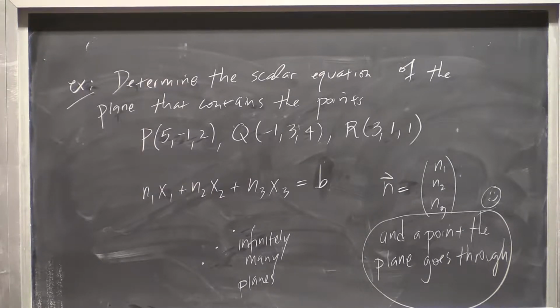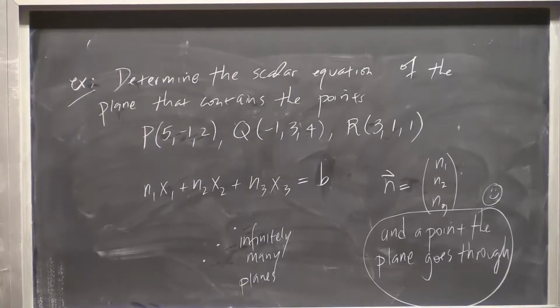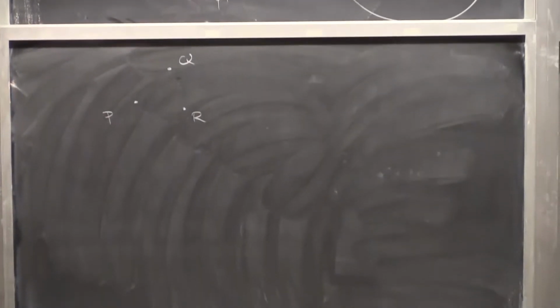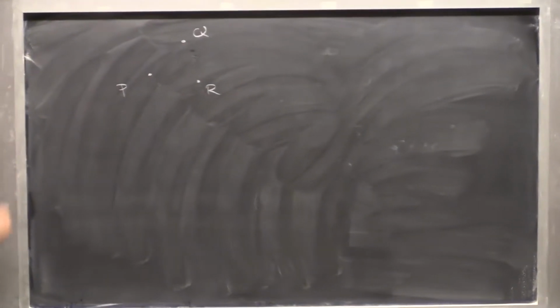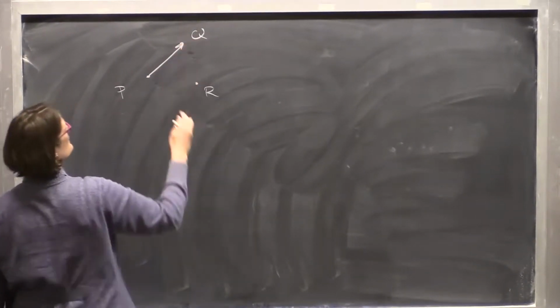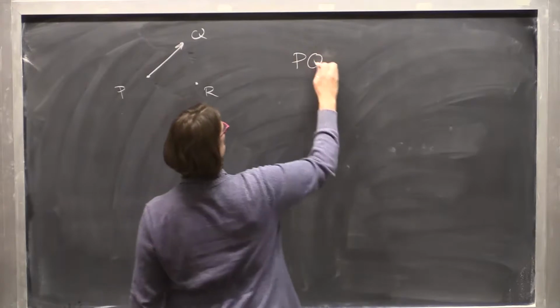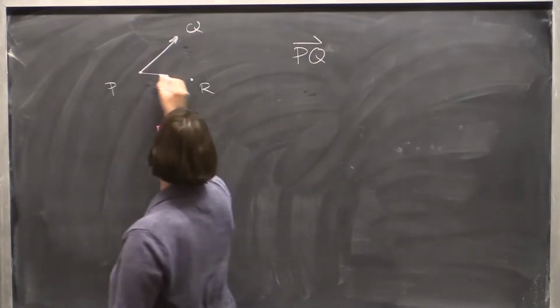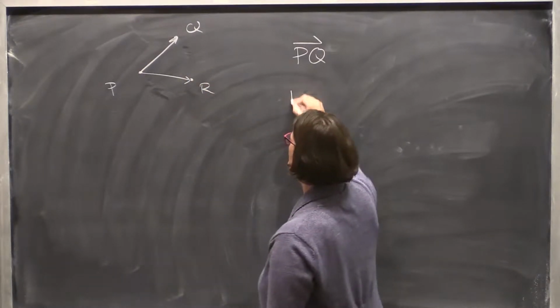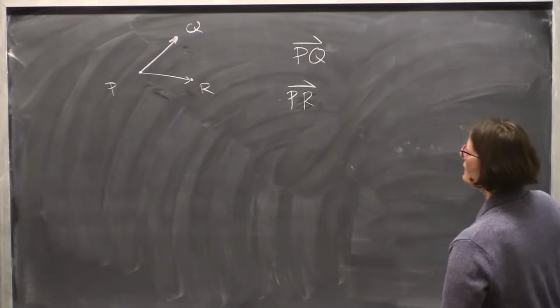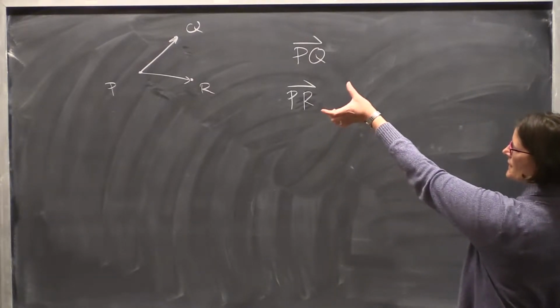Subtract them. Okay, so let's pretend this is P and that's Q and that's capital R. This is all pretend. I mean, those are real coordinates, so I really could figure out which are which. So PQ, the directed line segment from the point P to Q, and the directed line segment from P to R, these are going to be in the plane.